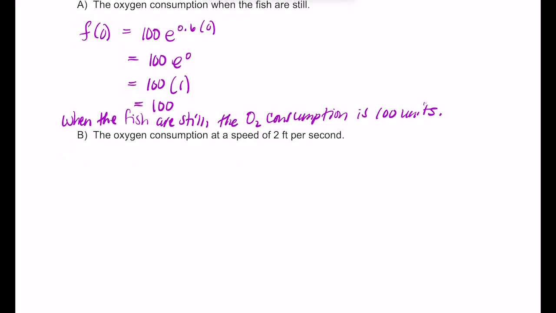So in the next question, we need to find the oxygen consumption at a speed of 2 feet per second. So you guessed it, we're going to plug in 2 for x. We're going to have 100 e to the 0.6 times 2. So we would have 100 e to the 1.2. And we're just going to type that into the calculator.